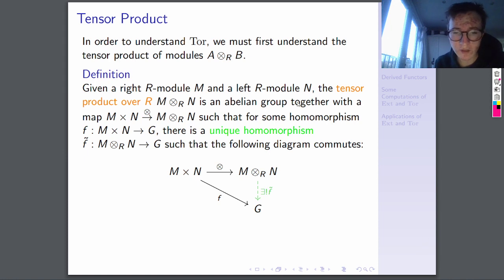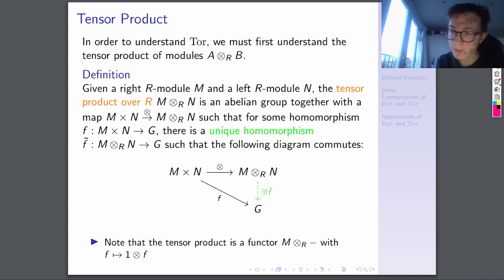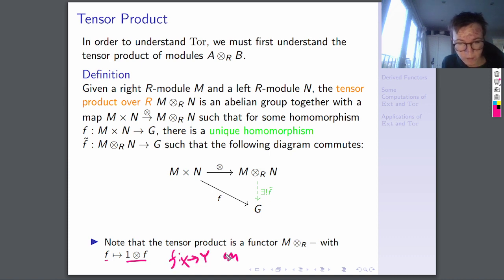And so the tensor product is also a functor because you can just map some map F to the identity tensor with F. So say we have some F between X and Y, then we can obtain a map between M tensor X and M tensor Y by just mapping m tensor x to m tensor F of x, like so.